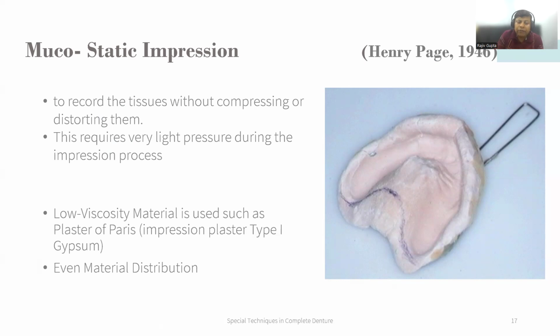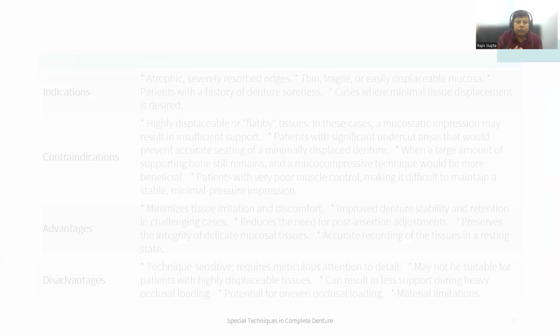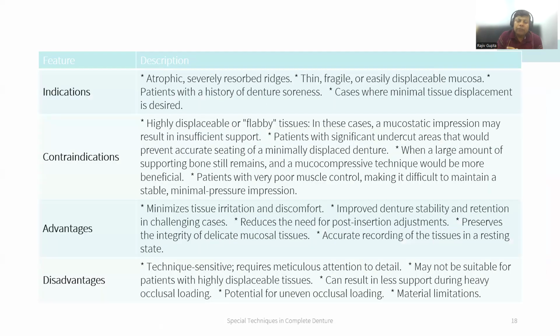It leads to even material distribution. This technique is actually not used in regular practice nowadays, but it is indicated for atrophic or severely resorbed ridges. It is contraindicated in highly displaceable tissue, also known as flabby tissue. If we try a mecostatic impression in a flabby tissue case, it may result in insufficient support for our dentures.